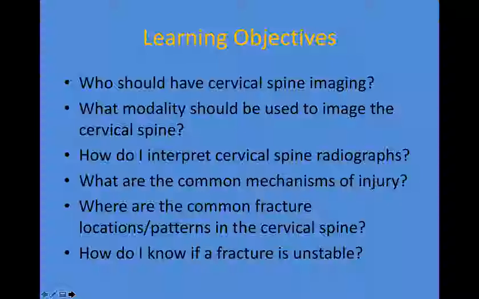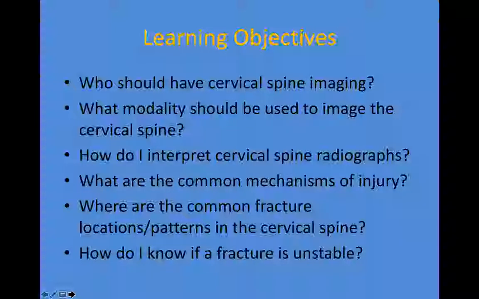So these are some learning objectives that we have for today. So first, who should have cervical spine imaging when we evaluate a patient coming in, how to decide who should be imaged, and then what modality to use to image them. Once we get those images, how do you interpret those C-spine radiographs, especially going in the ER? You don't want to have to wait for your radiologists to read everything.